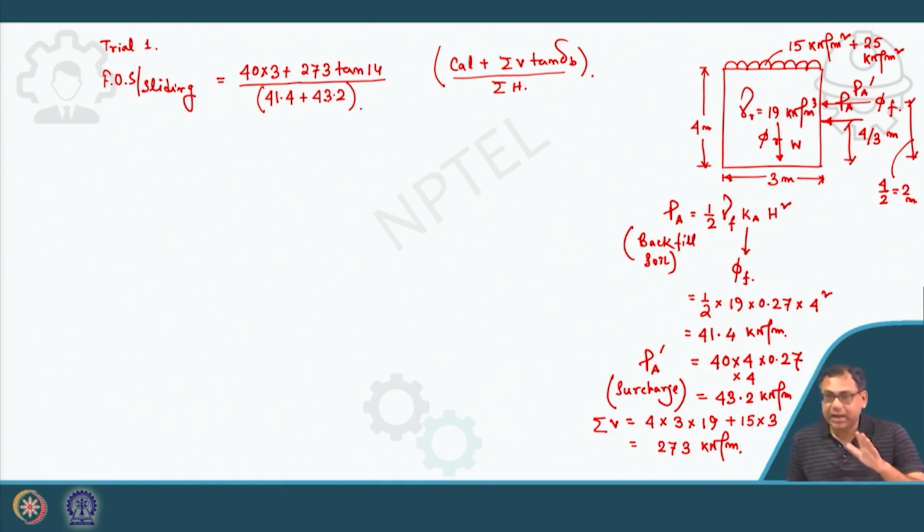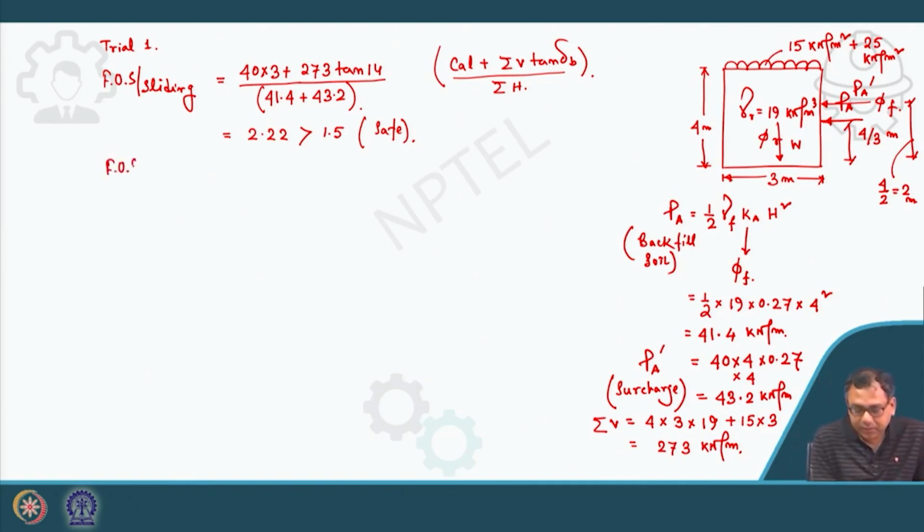As I mentioned, it's a designer's choice, but I have considered the worst condition. So now it is coming out to be 2.22, which is greater than 1.5, so it is safe. Now go for the factor of safety for overturning.